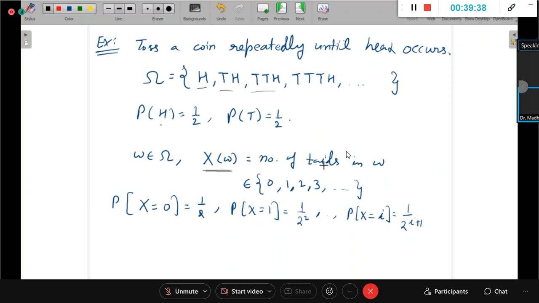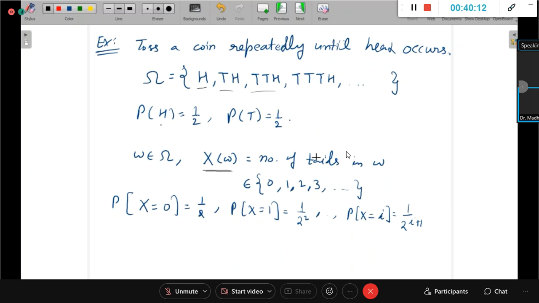We have dealt with this case many times. For this x, I can identify two ways right now: the number of tails in w or the number of heads in w. You count the number of heads, and that will be the value assigned to x. The outcomes can be named w1, w2, w3, and so on.